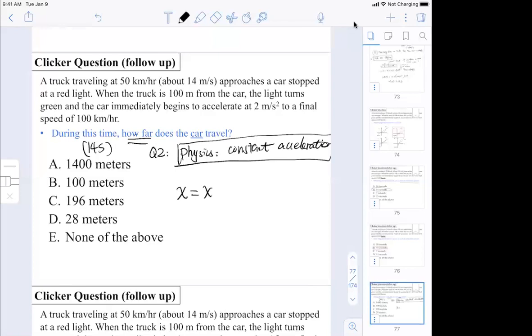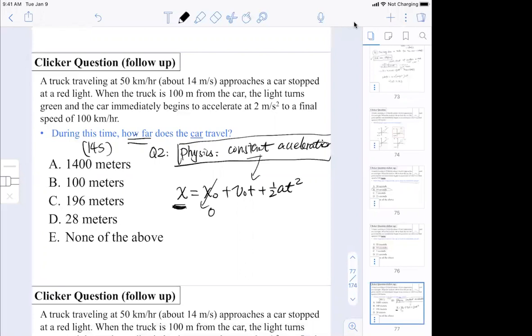So that's why I'm going to use my second equation. First we decide the physics, and then we decide the equations that are applicable to the physics. How far it travels, we just want to know the x, because you are starting at 0 and then you're ending up at some other distance away.